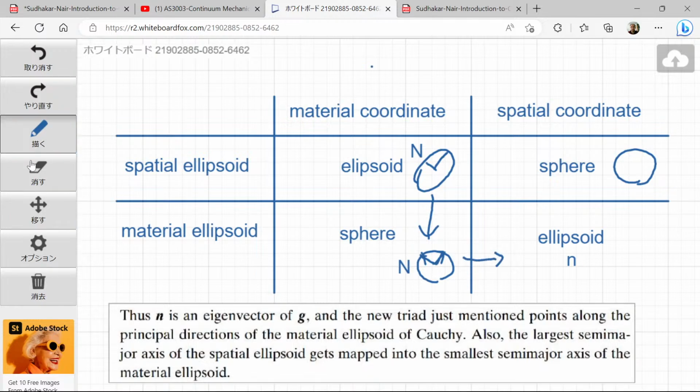So then you have another ellipsoid, and you have this n, and then this largest principal axis becomes the smallest principal axis, and the smallest principal axis becomes the largest principal axis.